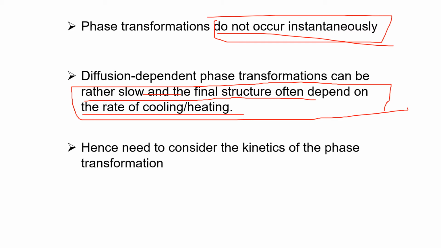The final structure depends upon the rate of cooling or heating. Hence, we need to consider the kinetics of the phase transformation. So we will study the kinetics of phase transformation for this purpose.